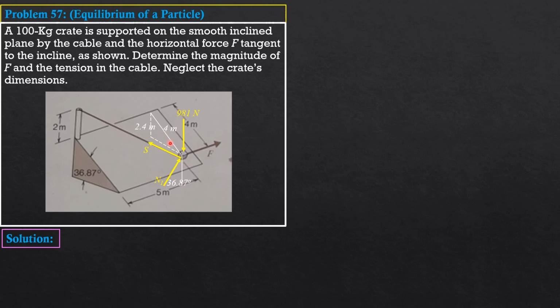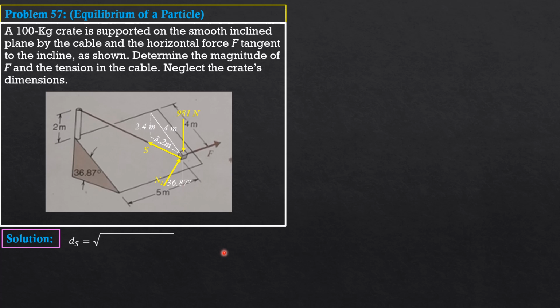So 4 sine of 36.87 is 2.4, and 4 cosine of 36.87 is 3.2. So therefore, S is directed leftward 3.2, forward 5 meters, then upward. Upward component of distance is not 2, it is 2.4 plus 2, so 4.4 all in all.